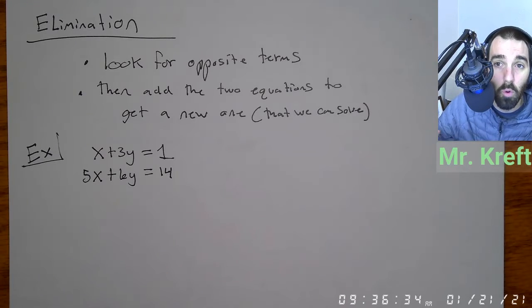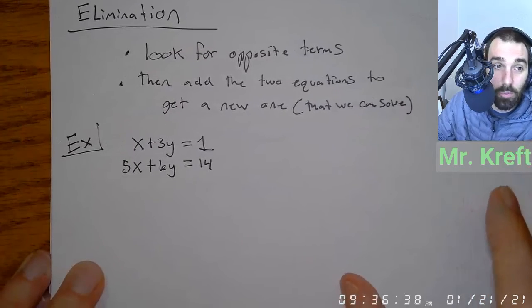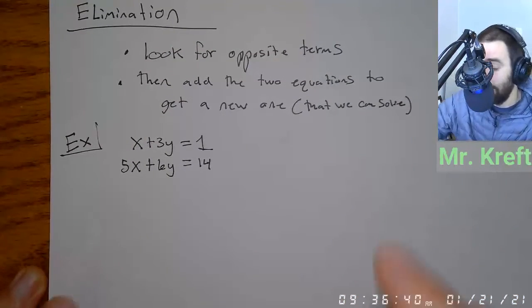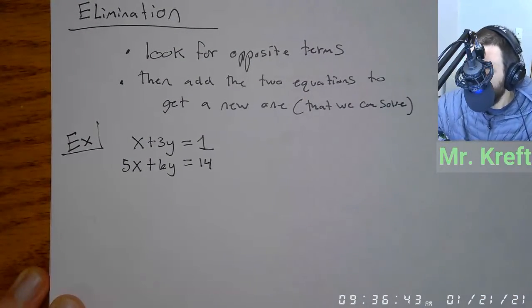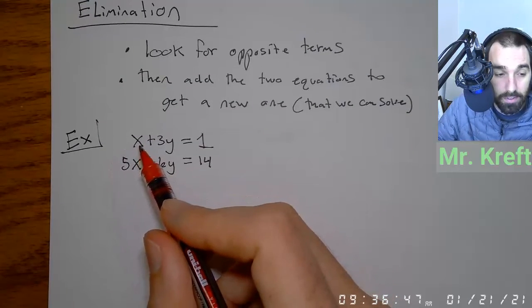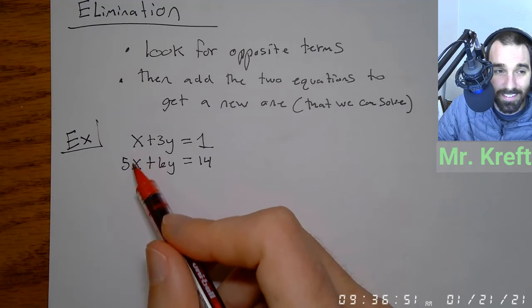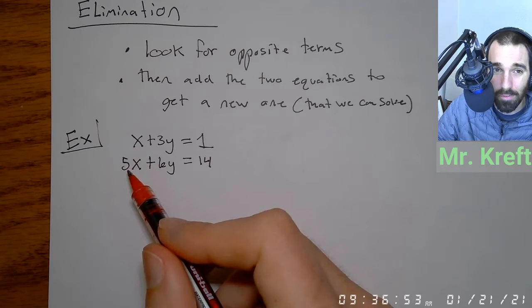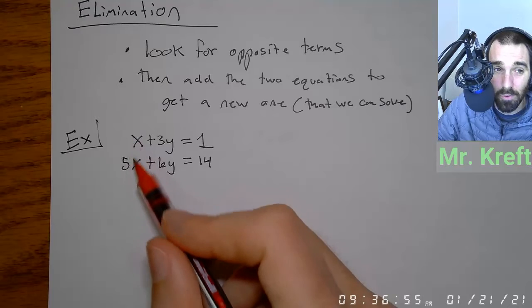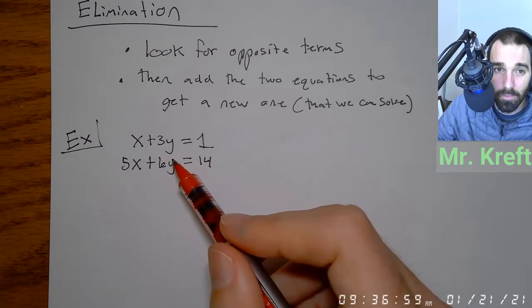Now when we do this, there's more than one way to solve this problem, and with this one, there's actually two that will make sense. So right here, we're going to look for opposites. The opposite of x is negative x. The opposite of 5 would be negative 5. So these aren't opposites, and these aren't opposites either.